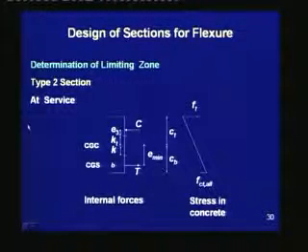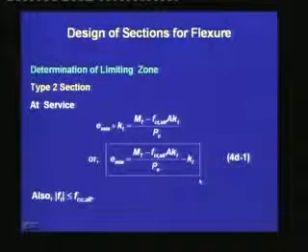For service in type 2 sections, we can have C going outside the kern region by a distance equal to e3, so that we have a tensile stress at the bottom which is equal to FCT allowable for service.